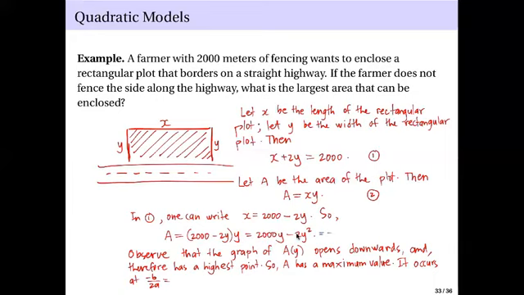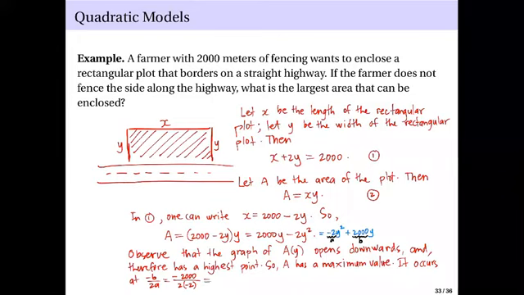This here is negative 2y squared plus 2000y. So this is your A, this is your B. So negative B over 2A: the negative B, you have now negative of 2000, all over 2 times A, which is negative 2.